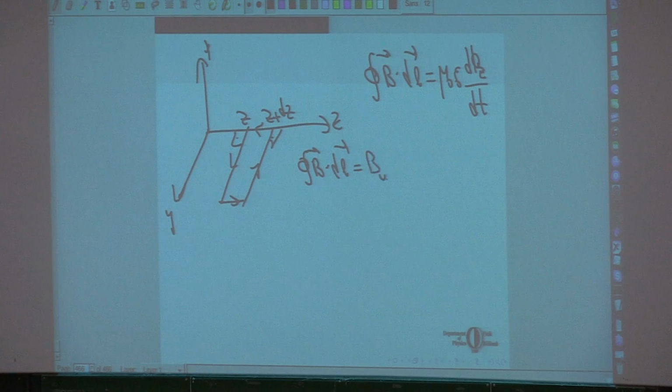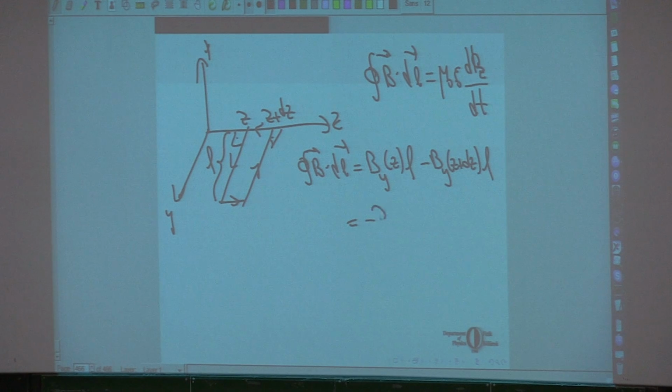This is By at the point z times L. And we will get a negative contribution from here, minus By at the point z plus dz times L. And as in the previous case, divide by dz, multiply by dz. This is nothing but minus derivative of By with respect to z, dz times L. Again, this is nice because here we have dz times L, which is the area over here.